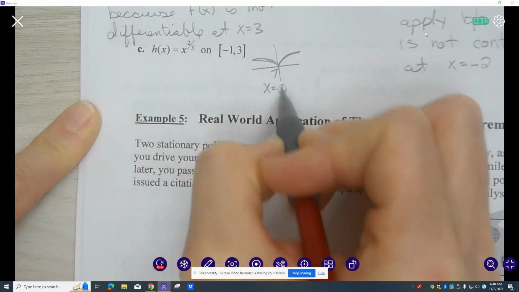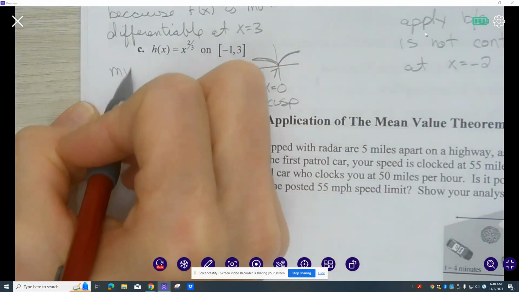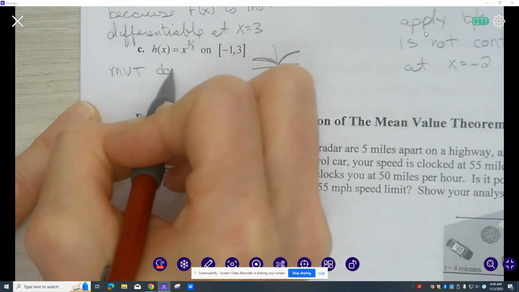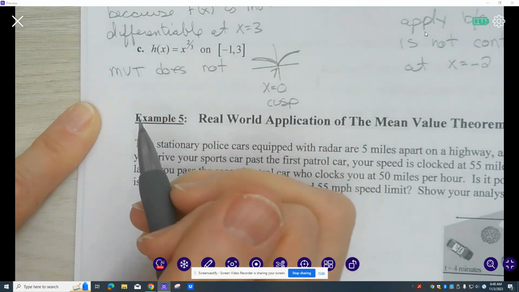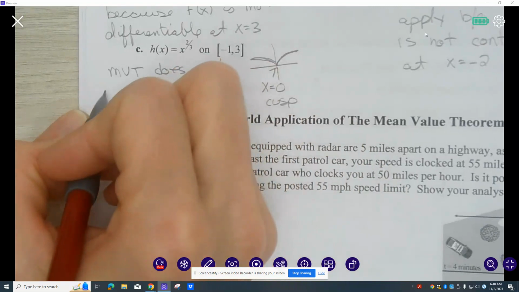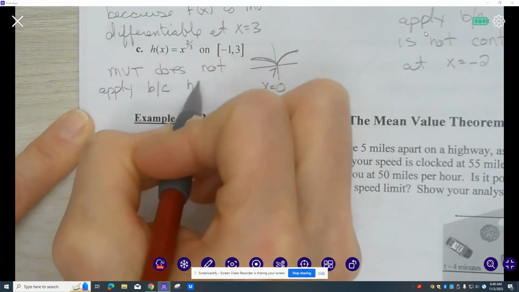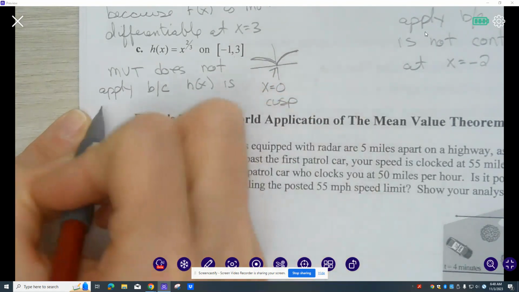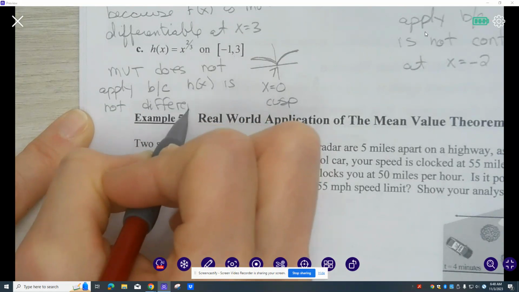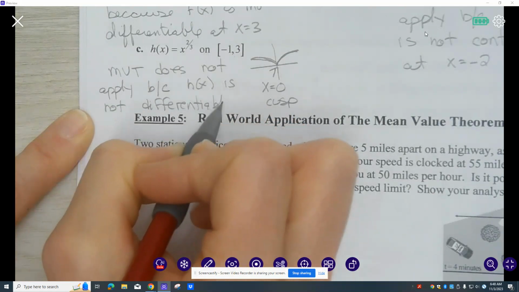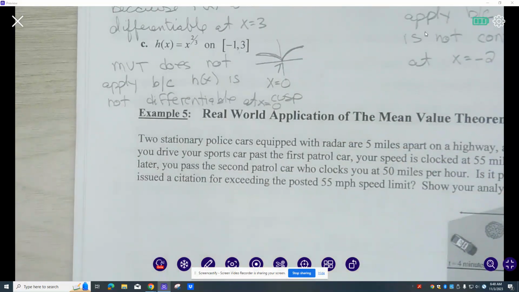So x equals 0 is a cusp. So this one, MVT does not apply because it is not differentiable at x equals 0. Because h of x is not differentiable at x equals 0.